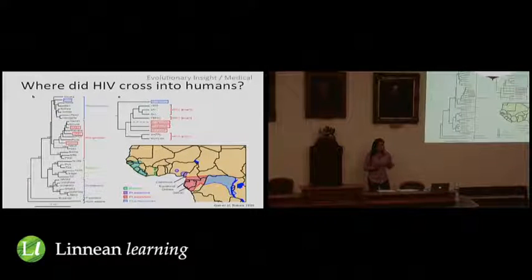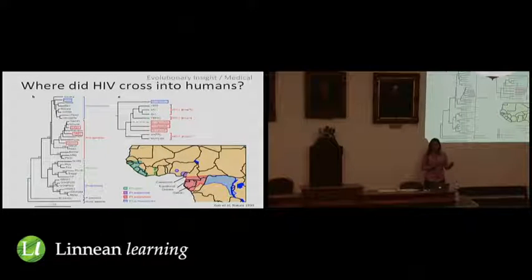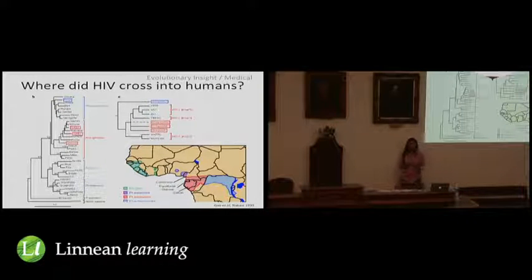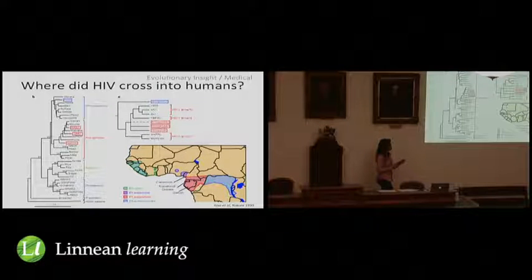Now, when we look at the version of SIV that is present in the chimps and compare it to the HIV that we see in humans, again, what we find is that the HIV that we are seeing in humans is more closely related to that in chimps that come from the South Cameroon region of West Africa. So this tells us that the virus originally made the jump in that area.